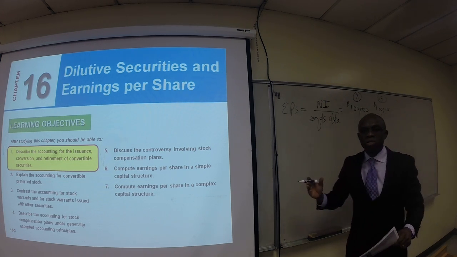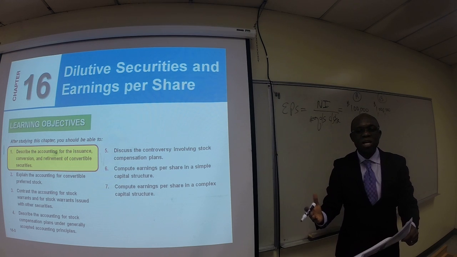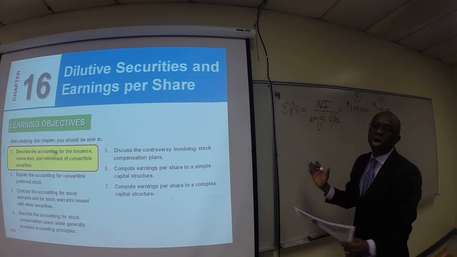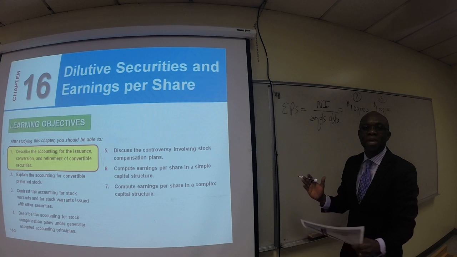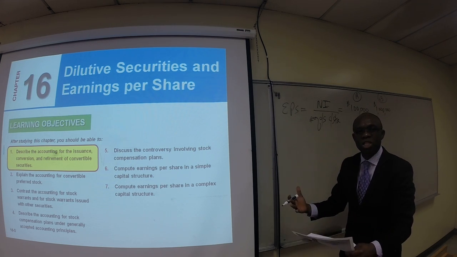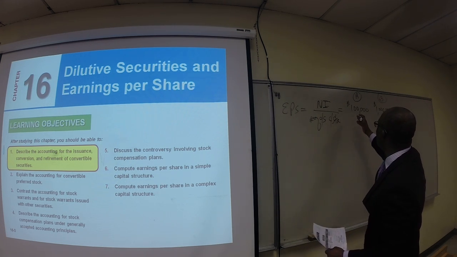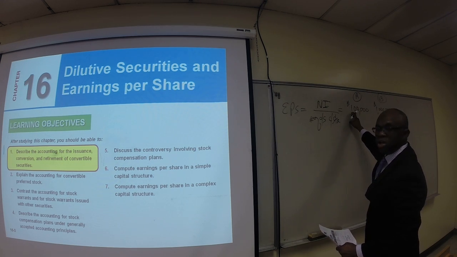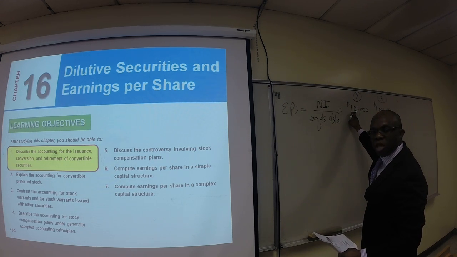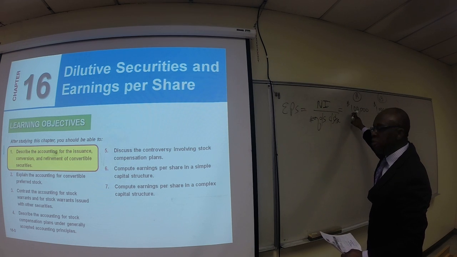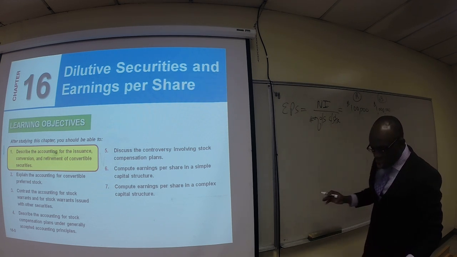Ordinarily, if I ask you which of these two companies you would be interested in investing in as a potential investor? One company earned $100,000 in net income or profit, company B $1 million.